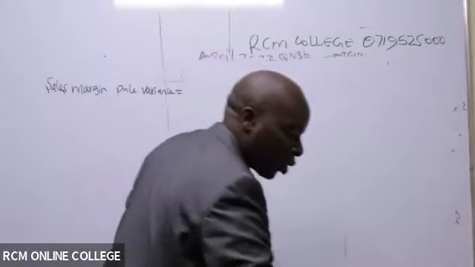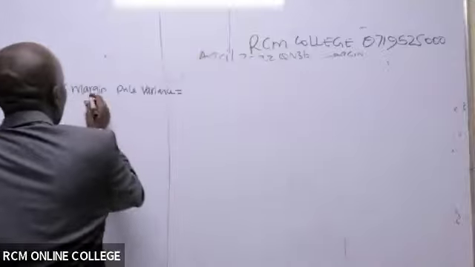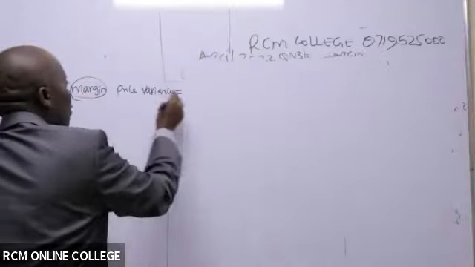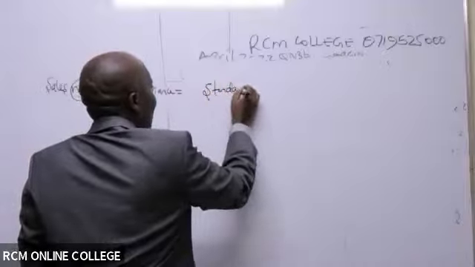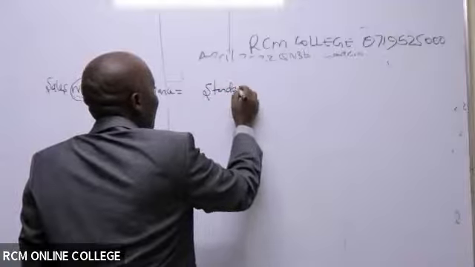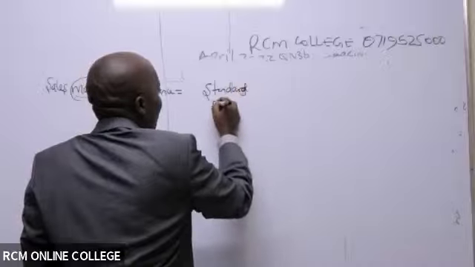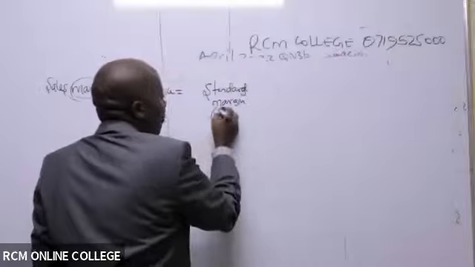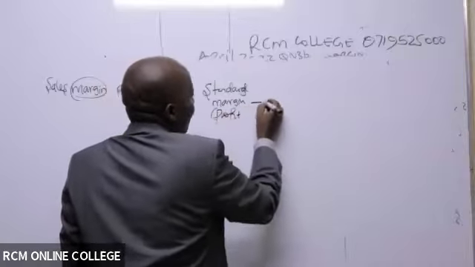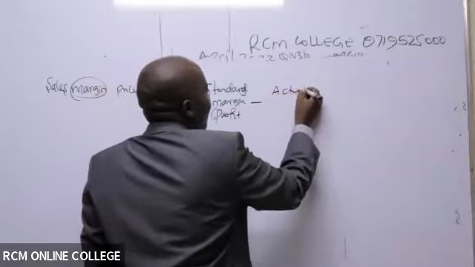We normally talk about differences between two margins. So we have the standard margin, or in this case the standard profit, minus the actual profit.